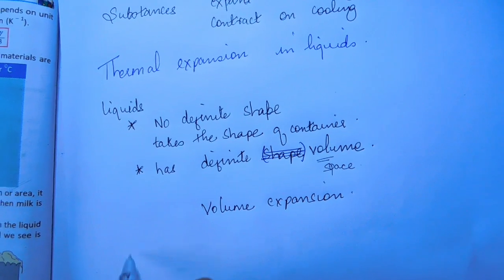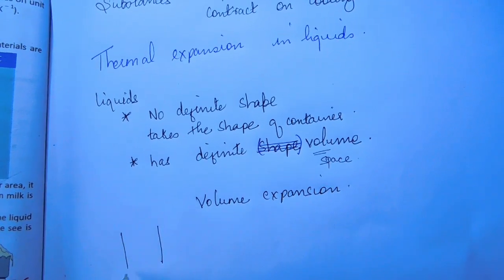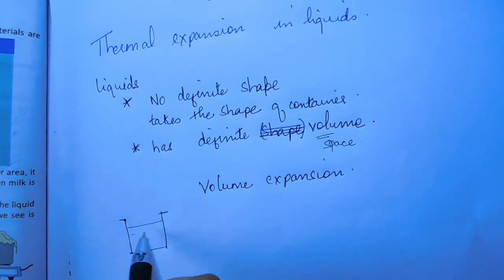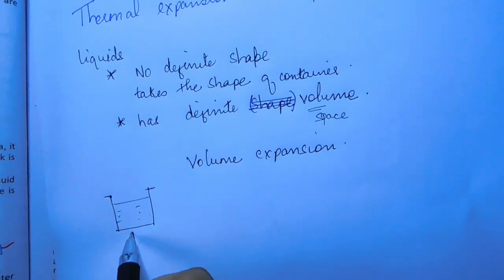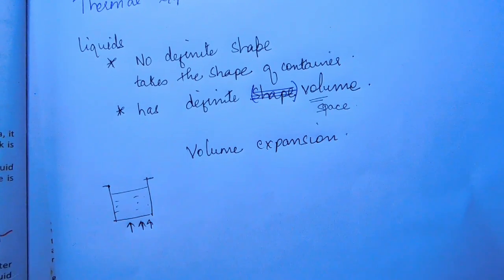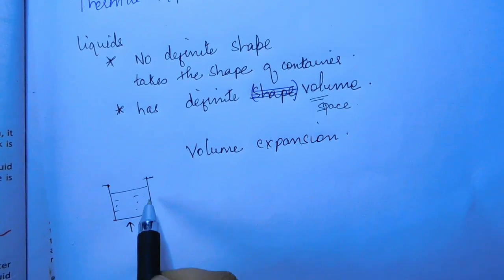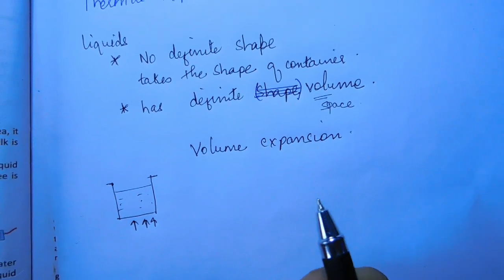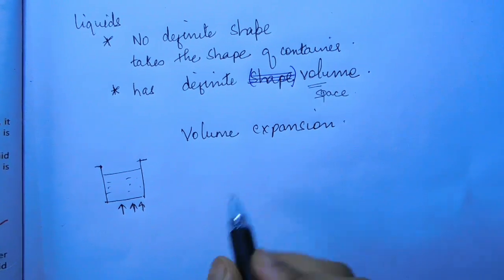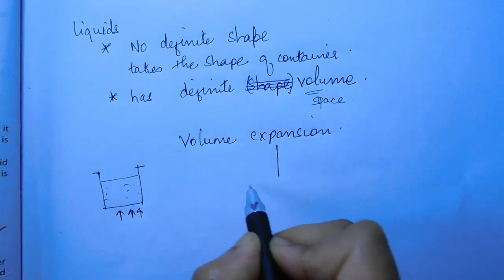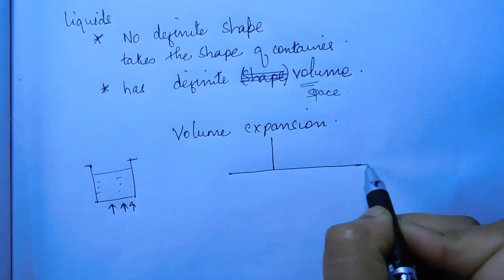When we heat a liquid, we always take the liquid in a container. So when you heat the liquid, it expands in volume. The solid container also expands. The volume expansion in case of liquids is of two types.